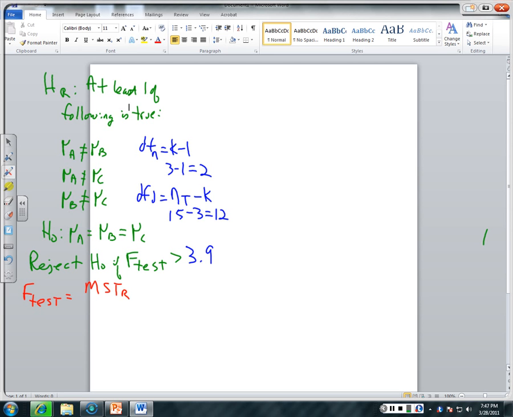The same differences between means. MSTR is going to be the same for both of those problems. And it's going to be divided by mean square error, which is how spread out the data are. Of course, it's going to be much lower MSE in the first one that we had, and much higher in the second one. You could see by the amount of spread it was higher in the second one than it was in the other one.